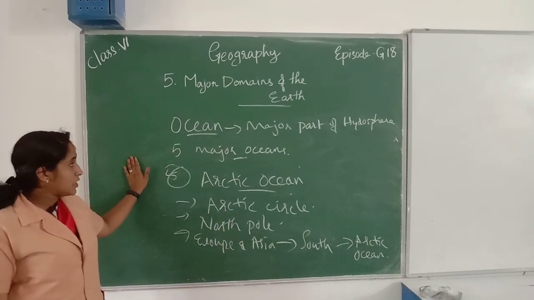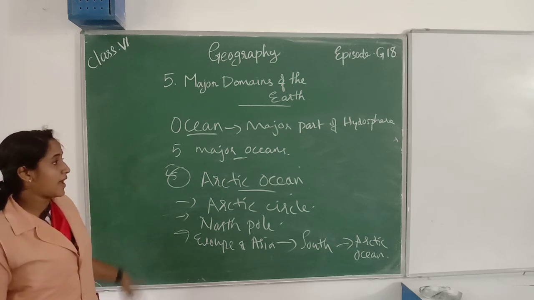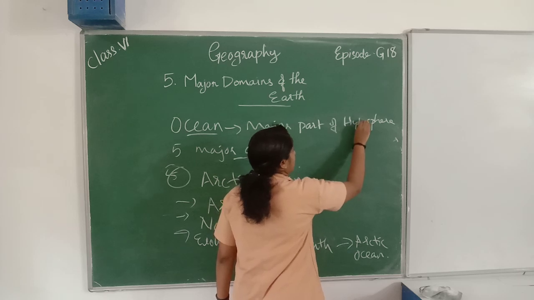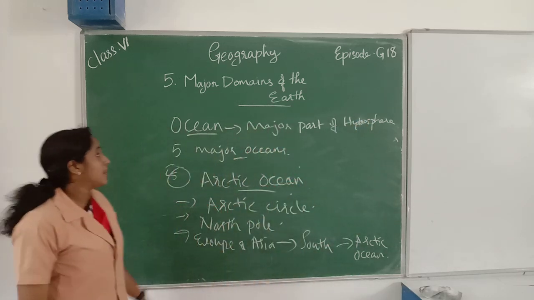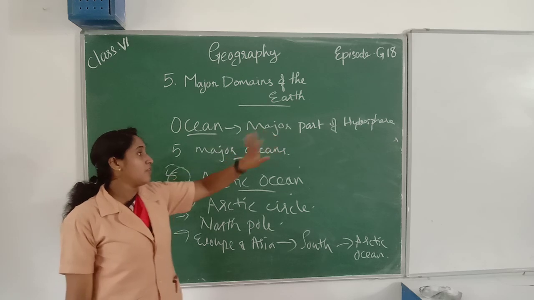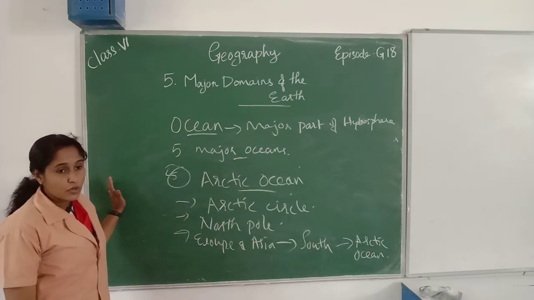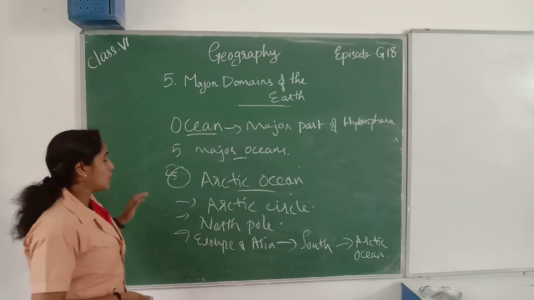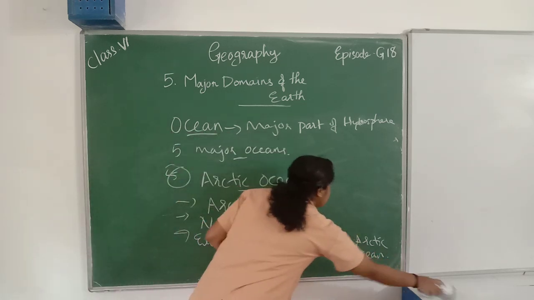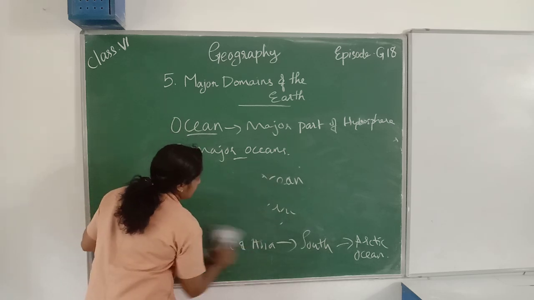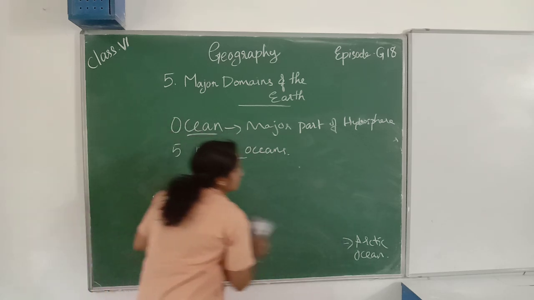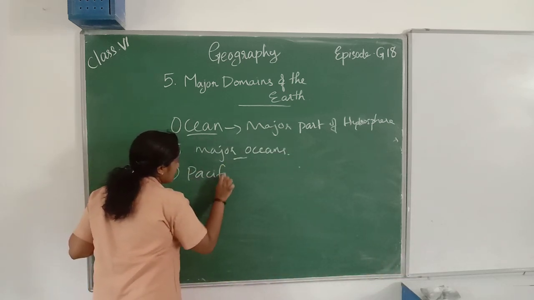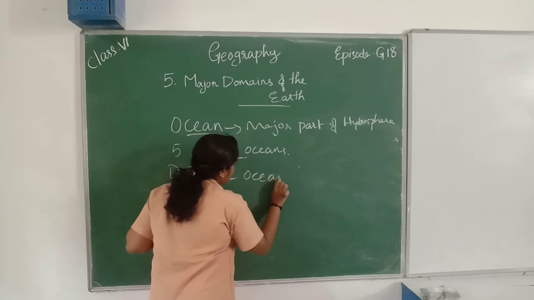What do you mean by ocean? Oceans are the major part of the hydrosphere. The huge water bodies are called oceans, and there are 5 major oceans. The first is the Pacific Ocean, the largest ocean in the world.